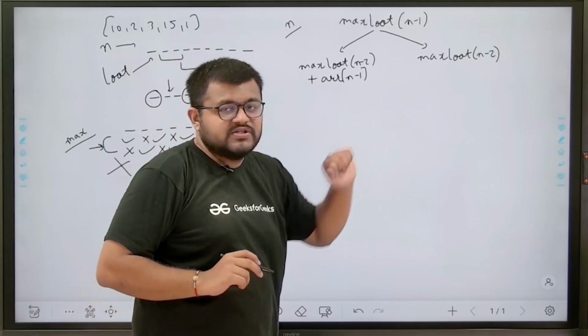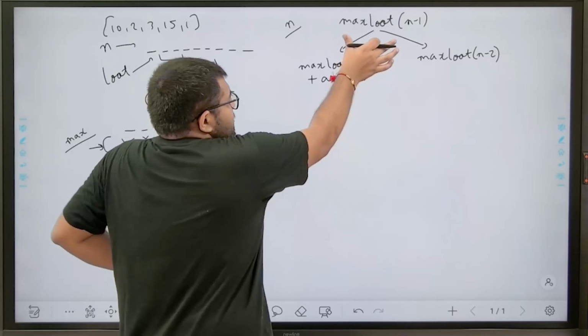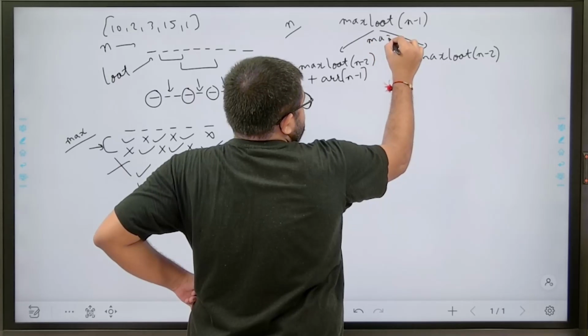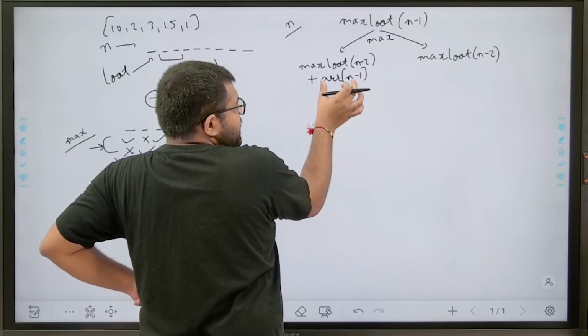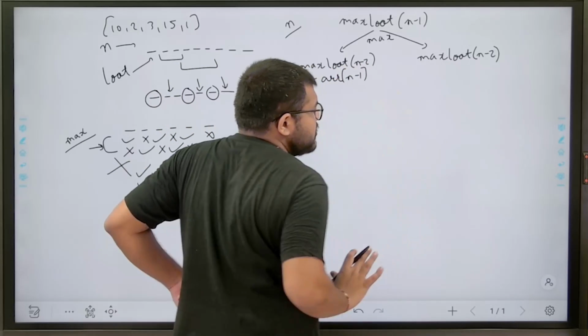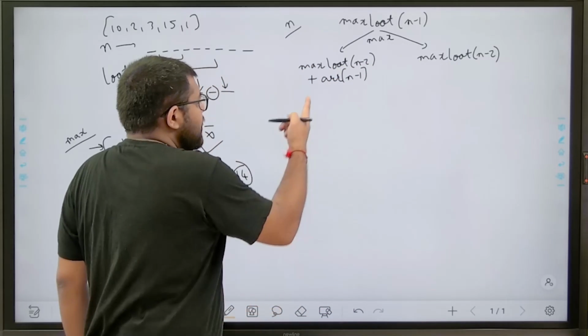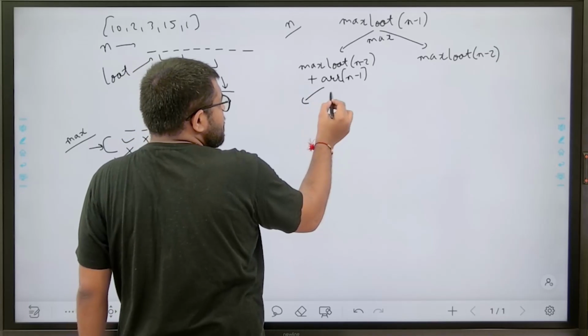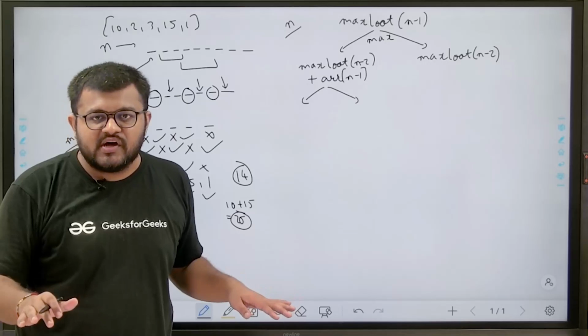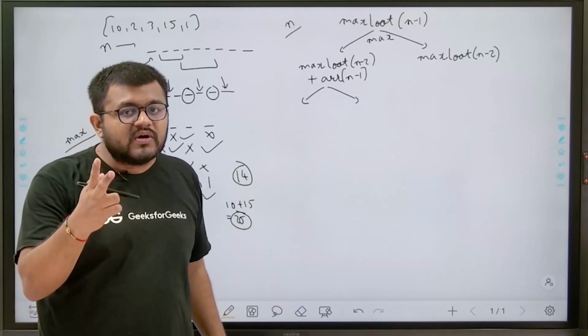That is what this function will return, and my answer to this recursive function would be the max of these two. Either consider this element plus the maximum loot among the first n minus 2 elements, or do not consider that element, right? Now when I consider that element, for the element at index n minus 2 I do not have a choice. I will not consider it because I cannot consider two consecutive elements.